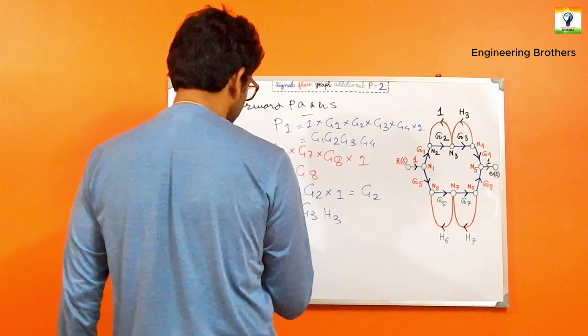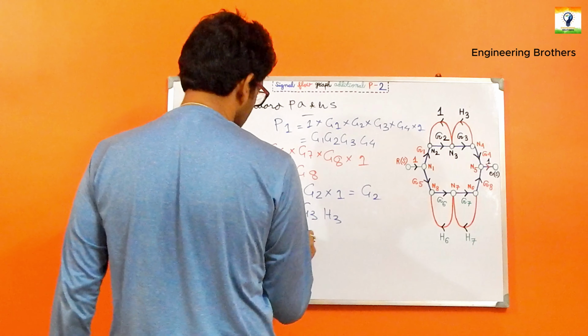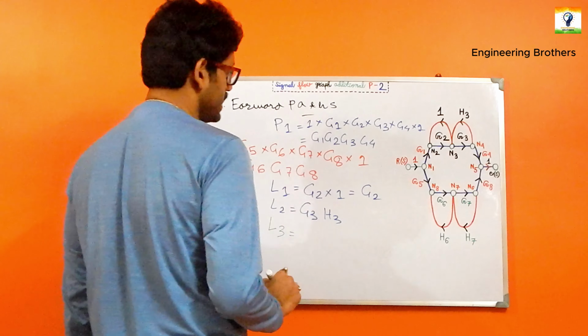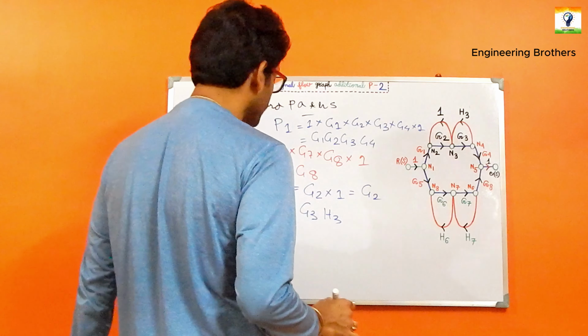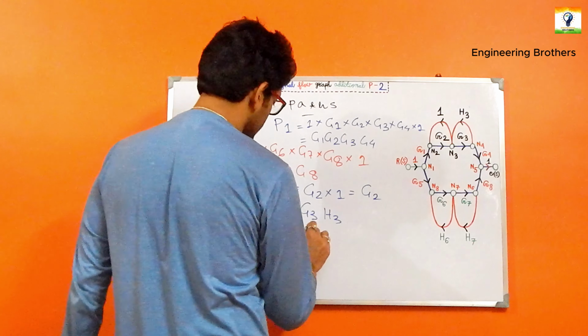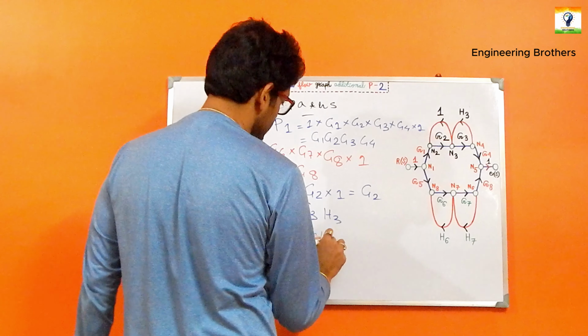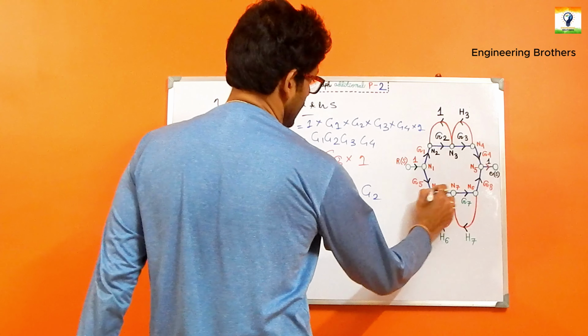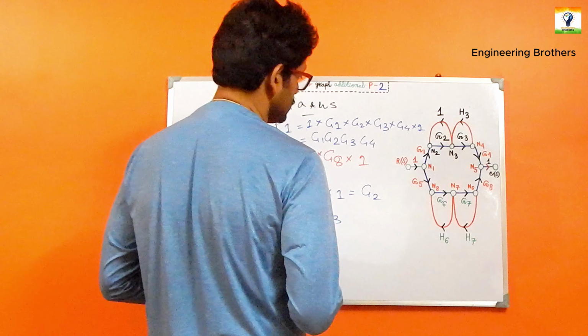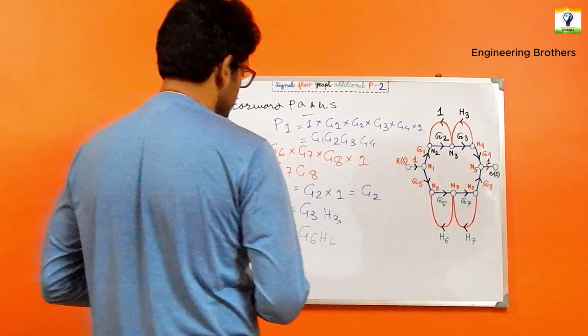Now this is going to be another loop, which I'm just naming as L3, and quite naturally the gain for that given loop will be our G6 H6. This one is our G6, and this one is coming back towards our node N8.